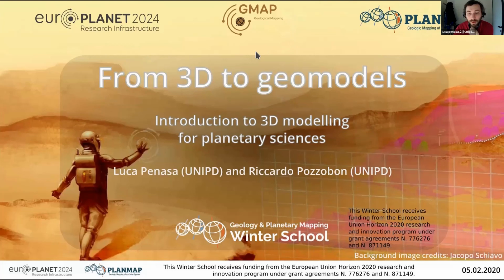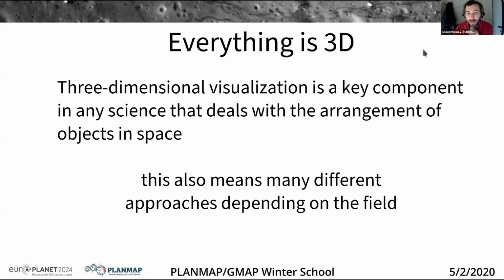It's not super long, so we should stay in the time. I would like to start with this, which is probably obvious: for many years, geologists worked basically in 2D, right? If you think about what you have been doing the last days, you have been working with QGIS, and QGIS mostly works in 2 dimensions.